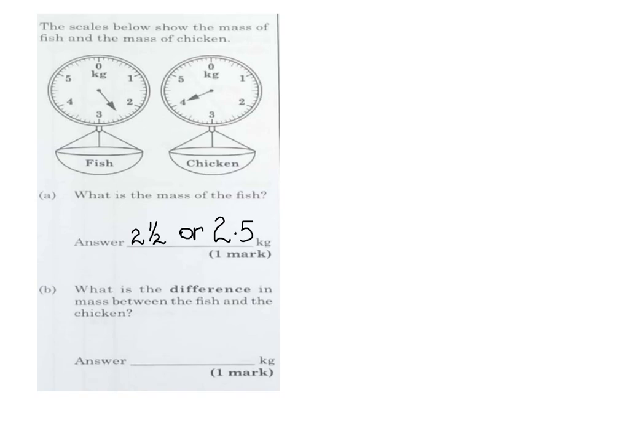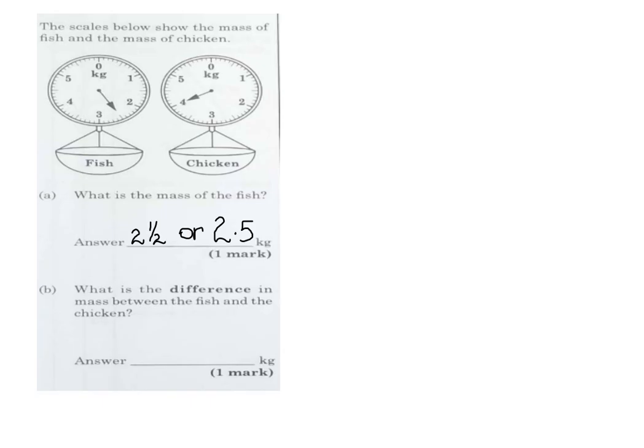The second part of the question is asking what is the difference in the mass between the fish and the chicken, right? They're asking you to look at the scale for the chicken, and for the fish, take those masses and take it away.